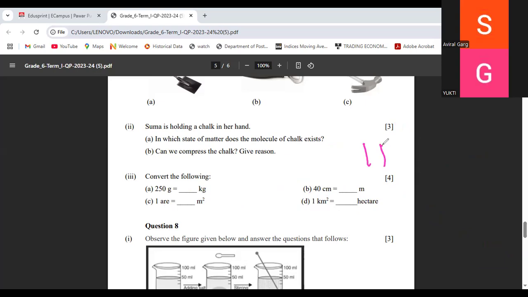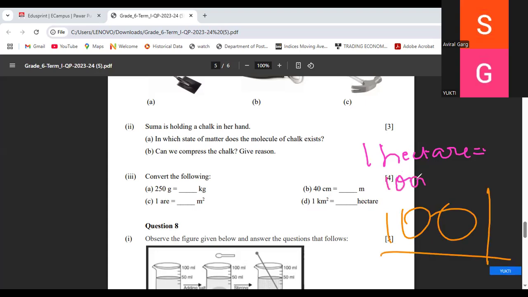1 hectare is equal to 100 meter into 100 meter. It's not 1000, it's 100 meter into 100 meter. 100 meter into 100 meter is 10,000 meter square.